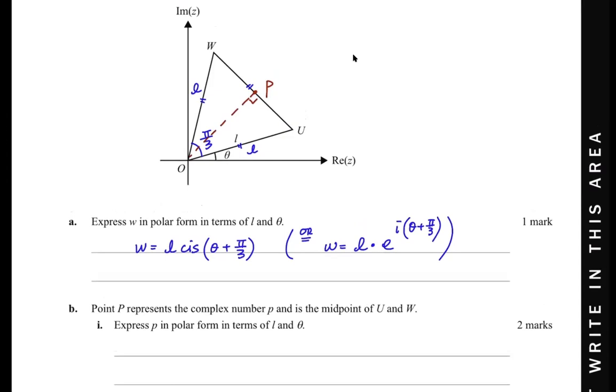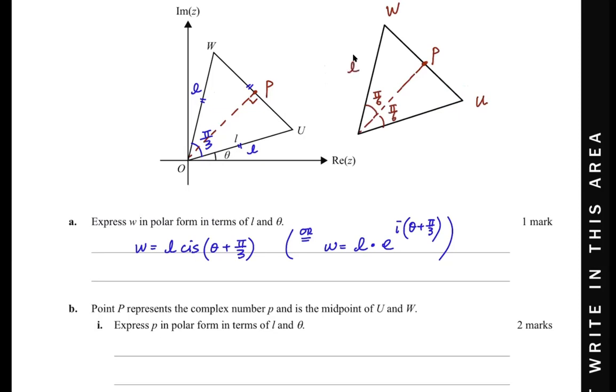If you use some right-angle triangle trigonometry, maybe I should illustrate the problem more clearly with another triangle. So here is a duplicate of the equilateral triangle extracted from the diagram. If your midpoint P between w and u is here, let's say this is pi on 6, this is pi on 6, okay?